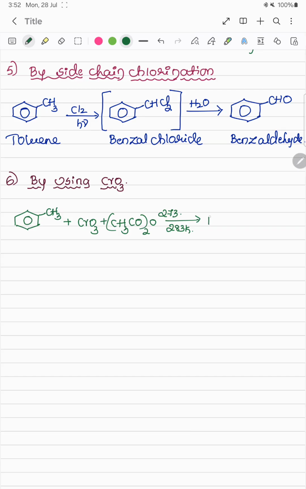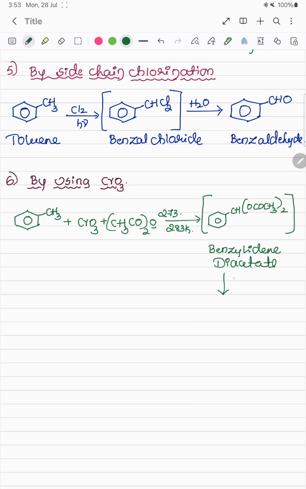So then you are going to get benzene. As usual, CH3 will become CH. You read from here, OCOCH3 twice. This is called benzylidene diacetate.